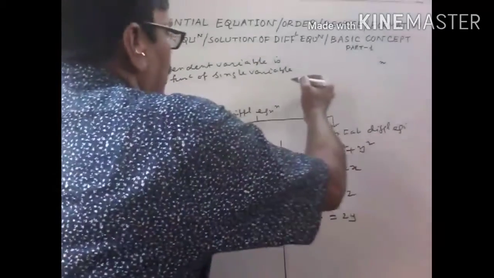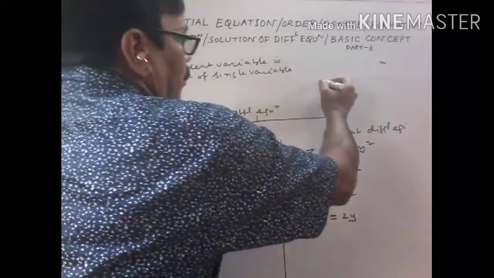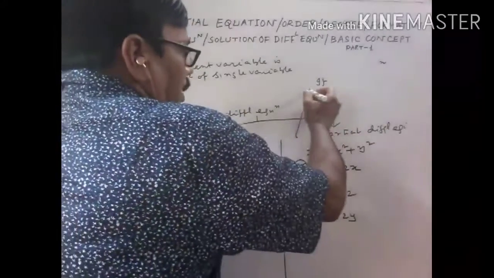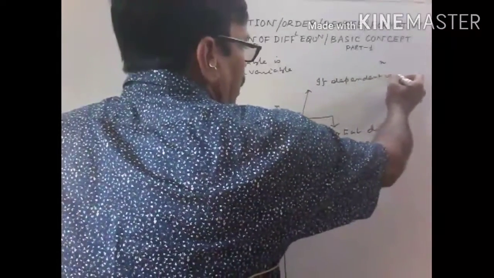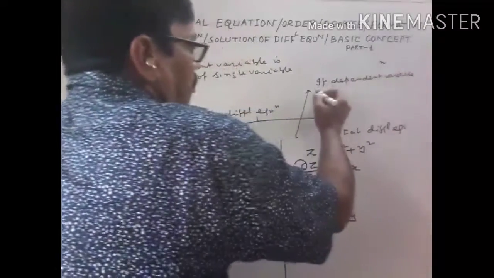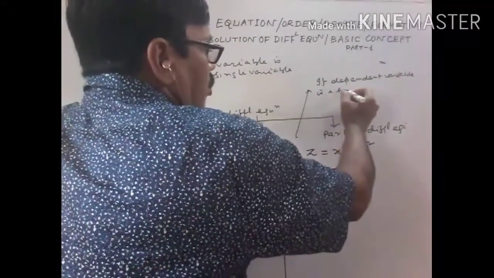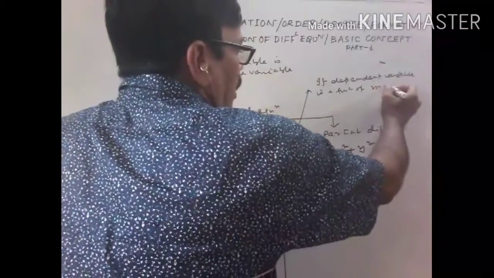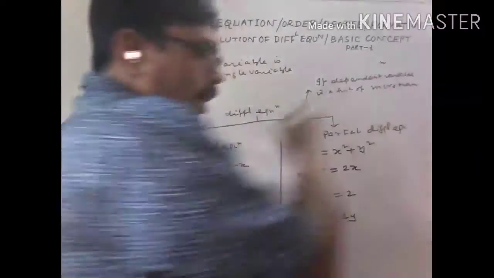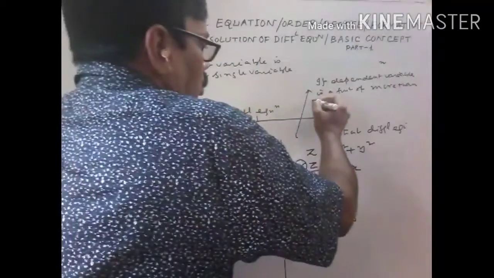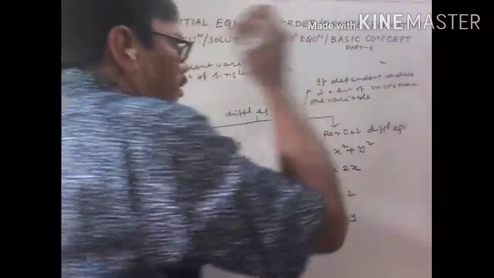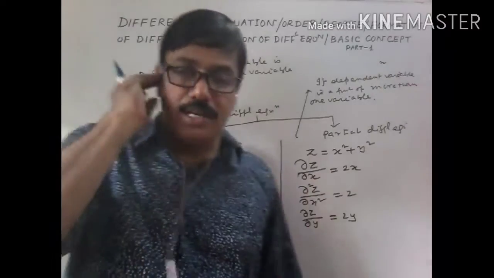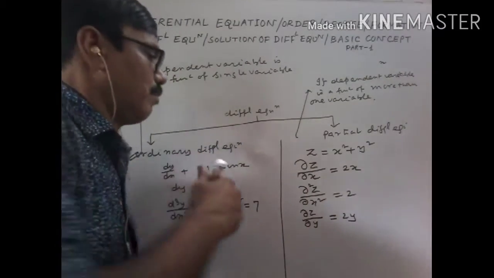Now, if the dependent variable, here it is z, is a function of more than one variable, then the differential equation is said to be partial.